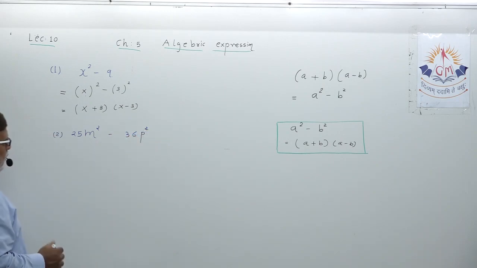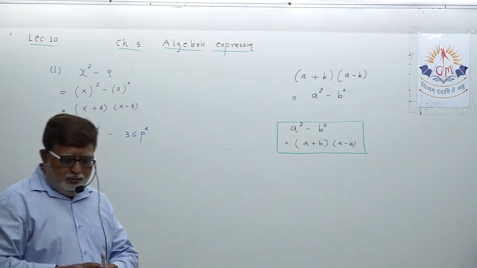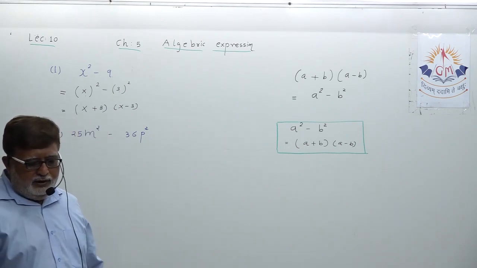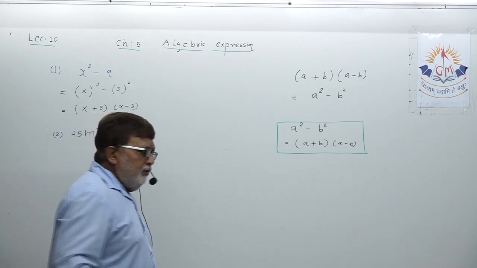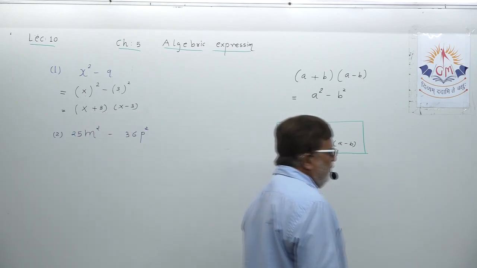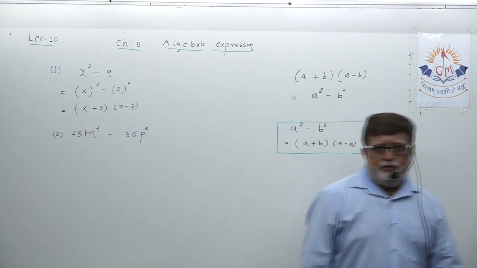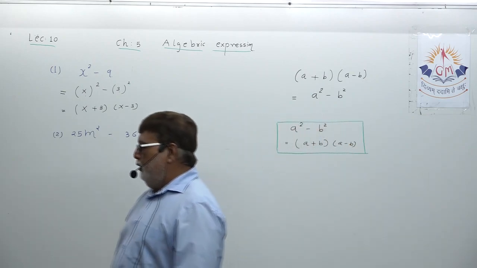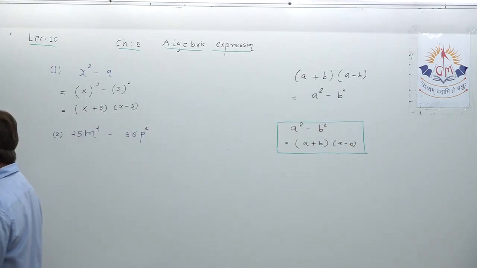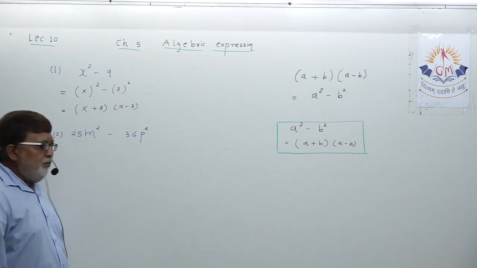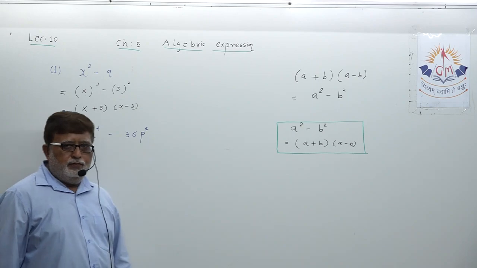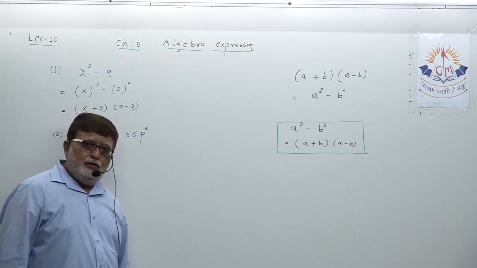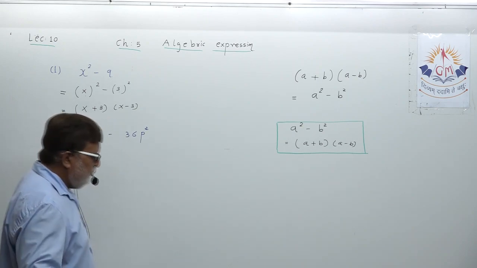Can you tell me, is this polynomial satisfying all 3 necessary conditions? Yes. How many terms? 2 terms. What is the sign between the 2 terms? Negative. Both are perfect square polynomials. Yes. Let us apply.